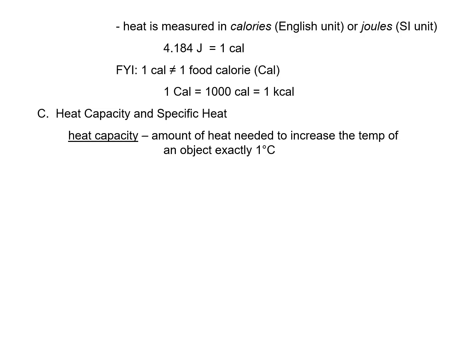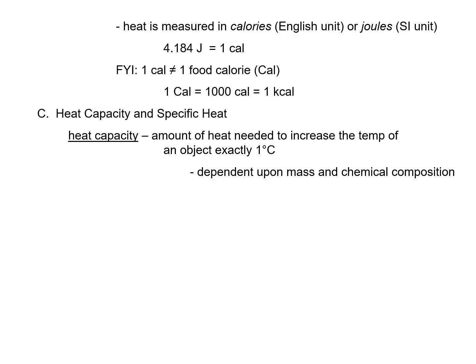So it says here heat capacity is the amount of heat needed to increase the temperature of an object exactly 1 degree Celsius. Okay? There's one little issue with this, right? It's dependent on how much you have. It's dependent on mass and chemical composition, what it's made out of. So if you took a substance and you wanted to compare it to another substance, and you wanted to see which one had the higher or lower heat capacity, you would have to make sure that they have the same mass.